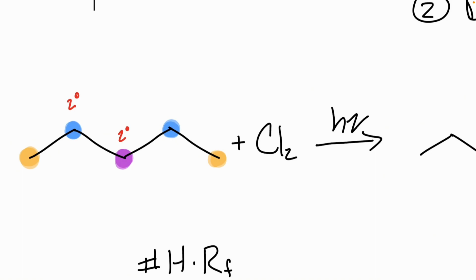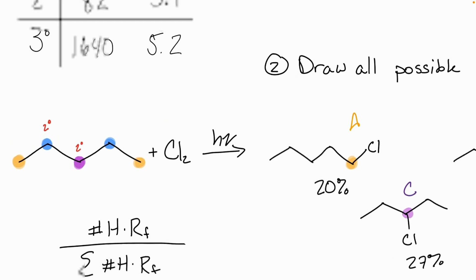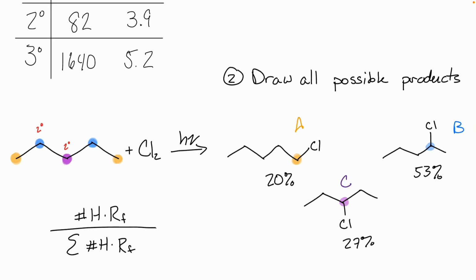The reason that we're putting them into different groups is not because they're different degrees of substitution, but because they would lead to different products. The purple one would lead to this product here where the chlorine's on that 3rd carbon. And if you put it on either one of those blue carbons, you would get this product here.